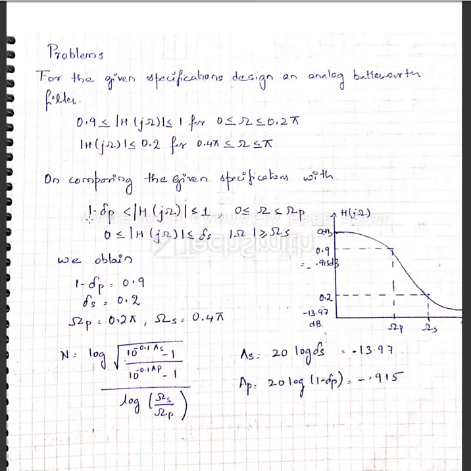So this particular value, magnitude of H of j omega, is lying between 1 minus del p and 1. You consider you have your 1 somewhere here. This is the 0 dB I have represented. Assume you have 1, so this is lying in between those, for the frequency from 0 to omega p.